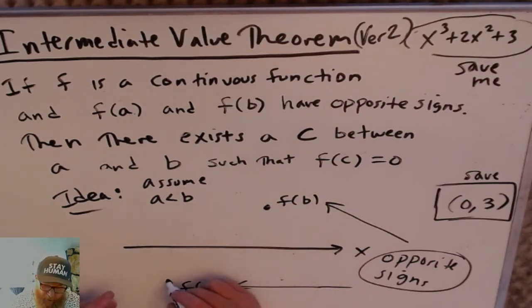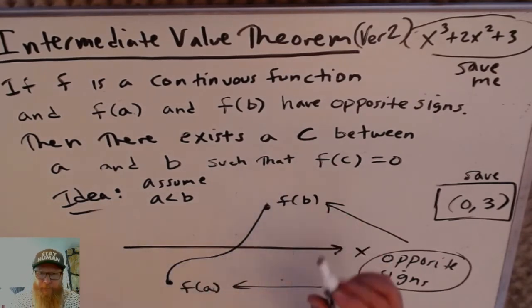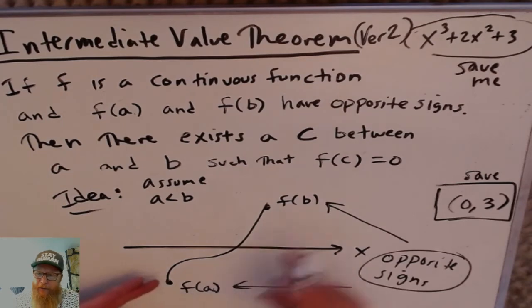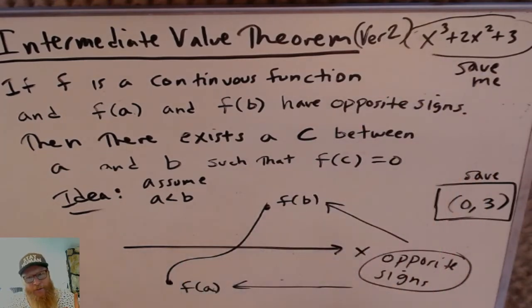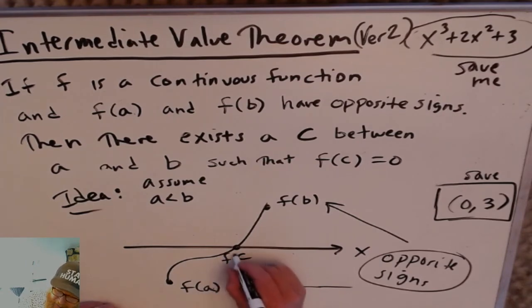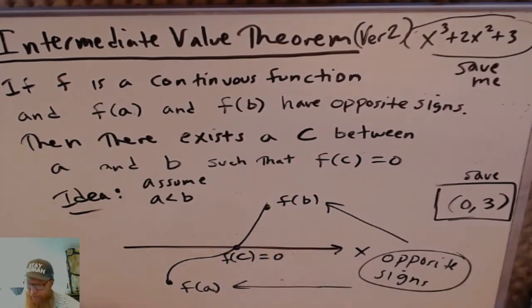And so we have some polynomial. I've tried to make it look like a polynomial, so it's got the shape of a polynomial. This is the point C, and f of C is equal to 0.